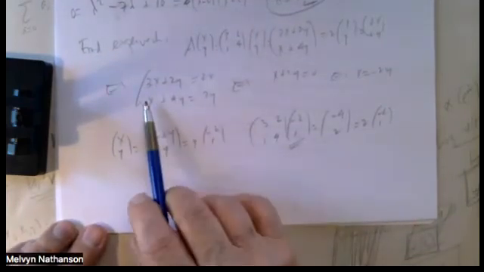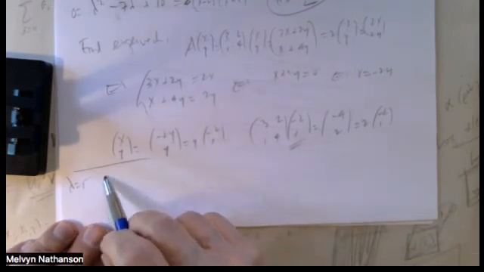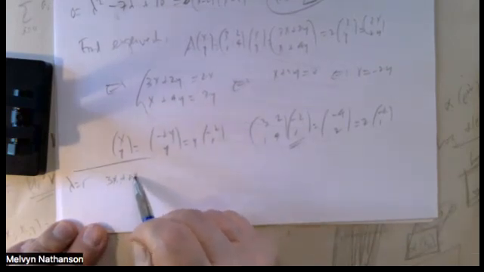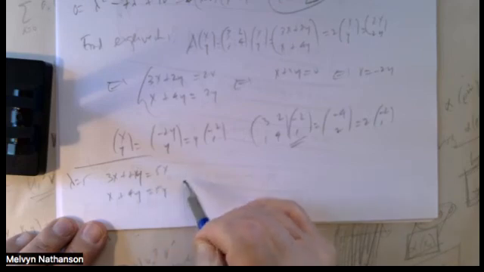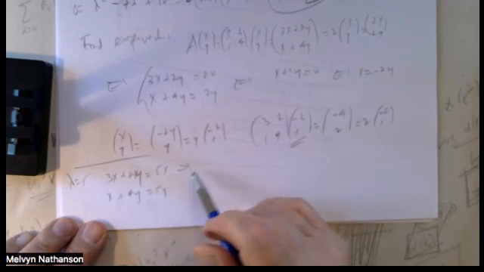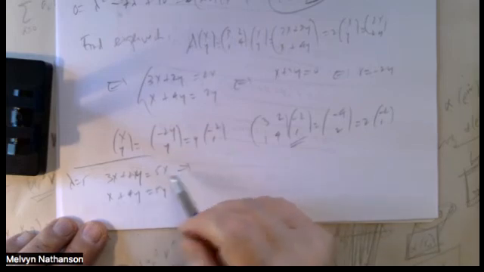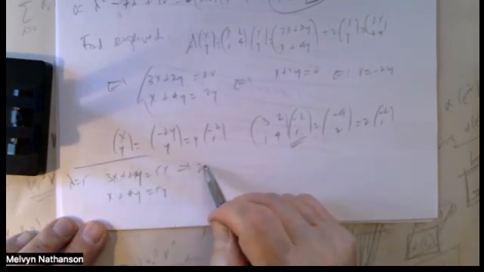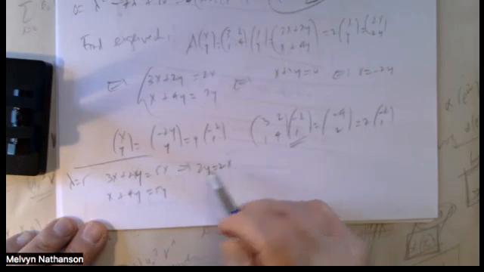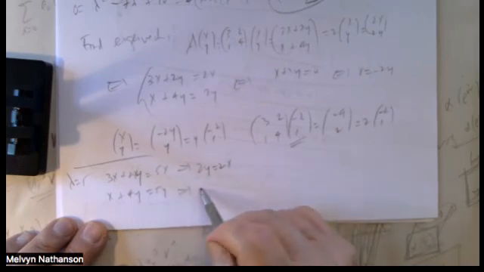What about the second eigenvalue, 5? So for lambda equal to 5, I get the equations 3x plus 2y equals 5x, x plus 4y equals 5y. This says that, I bring this over here, 2y equals 2x, or x equals y.